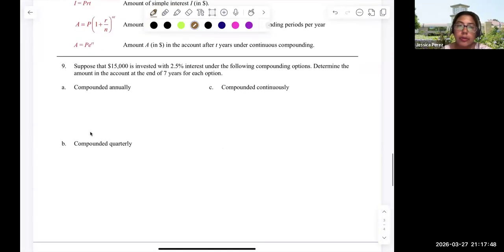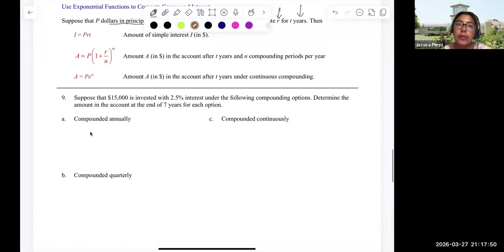So what we're going to do for number 9 is we are going to be applying the following formulas. So again, this would be for a simple interest once a year. So it's one time a year. And then we have this compound for a certain amount, a period of time.